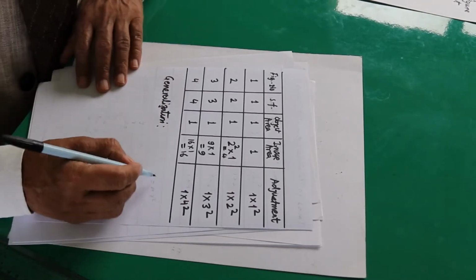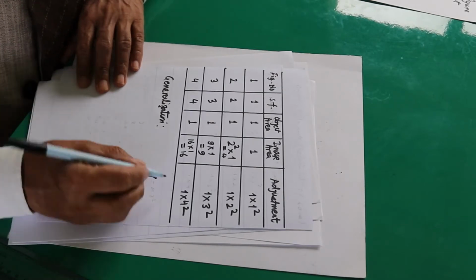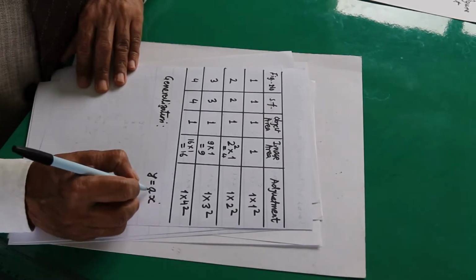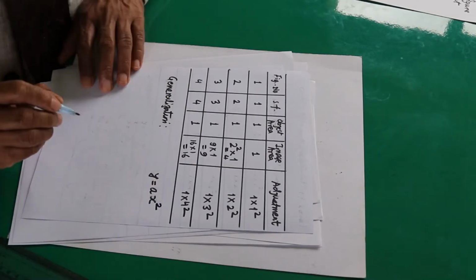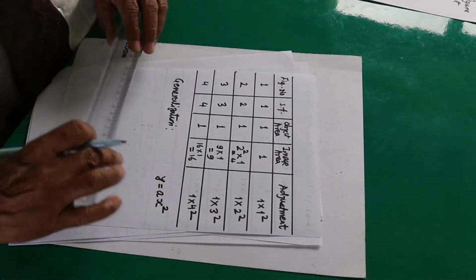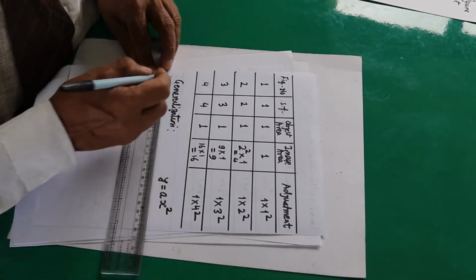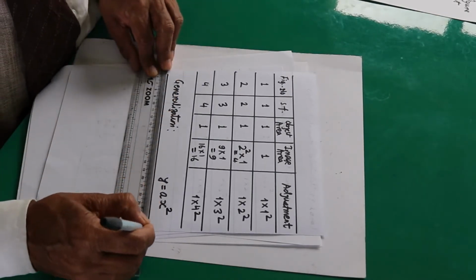In generalization, let's assume the image area as y, object area as A, and scale factor as x. So that is x squared. This is our generalization, and let's have some explanation.